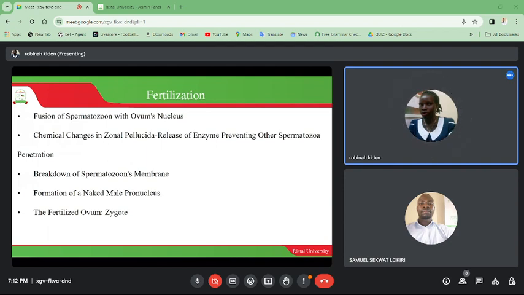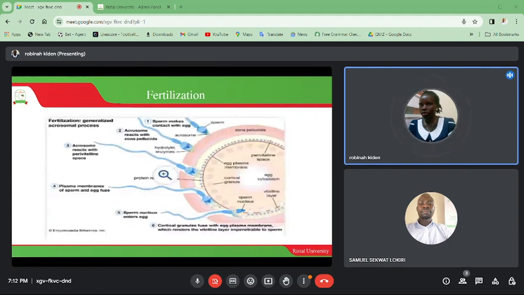The breakdown of the spermatozoon's membrane occurs also during this time, and there is formation of a naked male pronucleus. In this case, the egg is already fertilized, and it is what is referred to as a zygote.